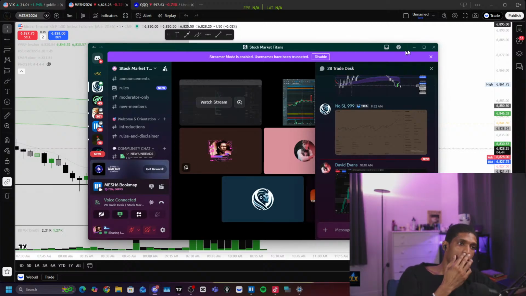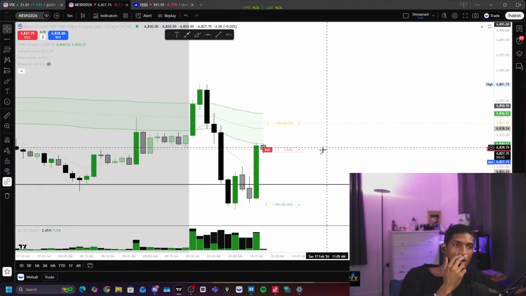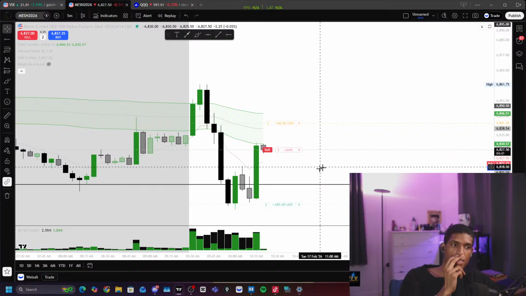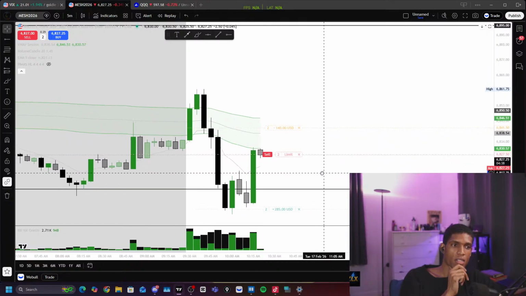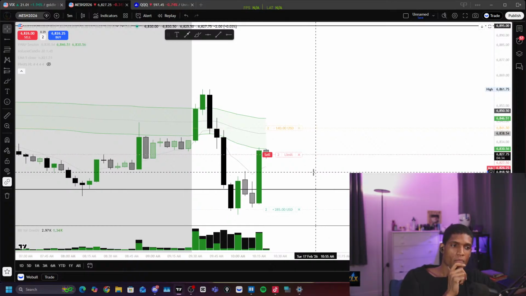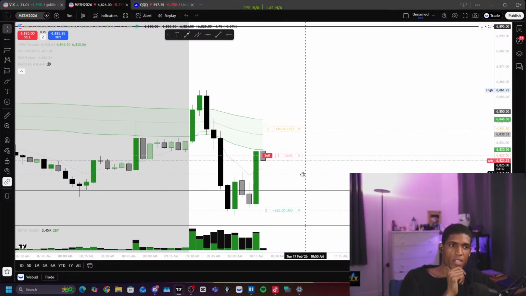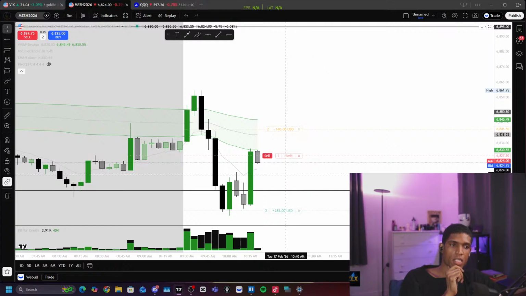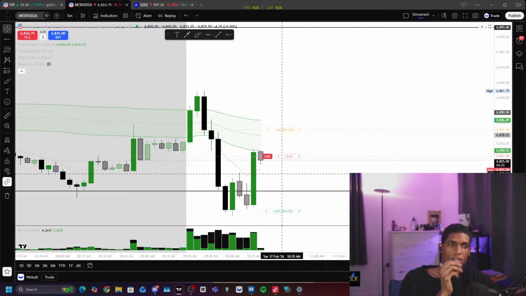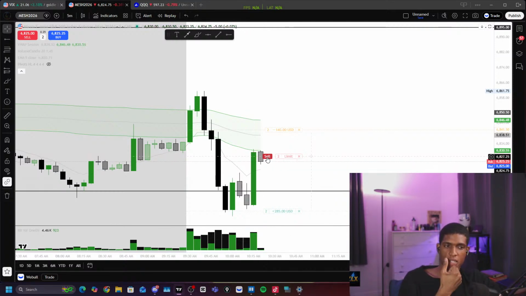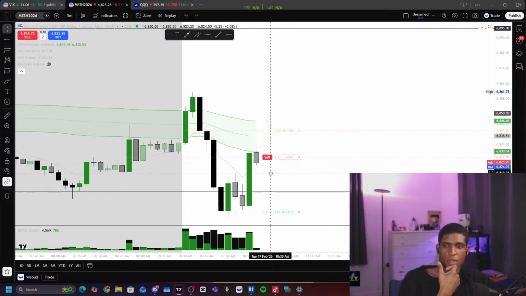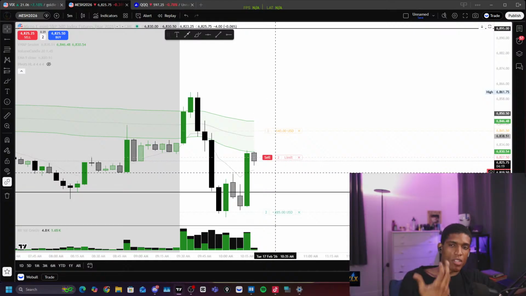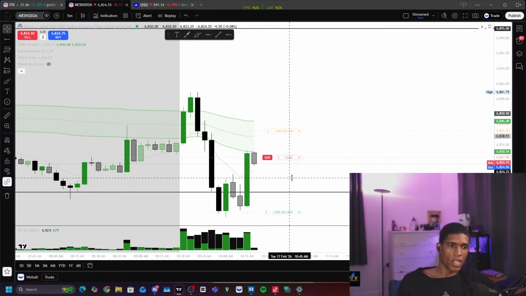All right, so guys, what happened here is the trade isn't gone completely, right? But because of how we trade this specific strategy, we can't enter the trade off price action like this. The price can still tank, you know what I mean?